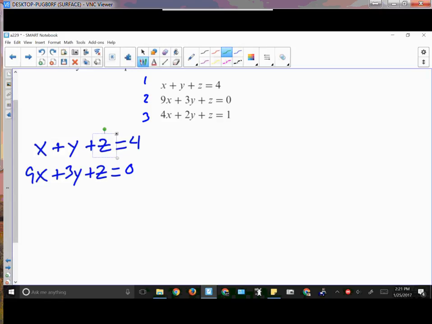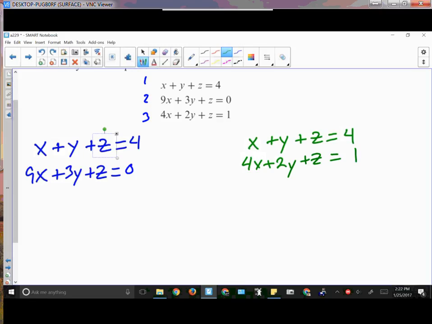Now, honestly, it doesn't matter which ones you take. I'm just using 1 because it's fairly simple. So I got x plus y plus z is equal to 4, and I've got 4x plus 2y plus z is equal to 1. This is my starting point.